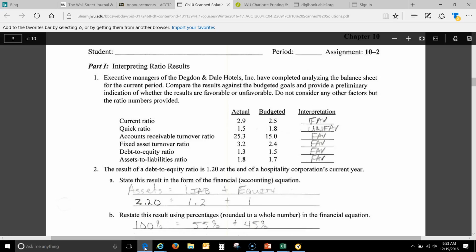Correct. And now remember, on the exam, you're going to get a set of financial statements, and you're going to have to do a full financial analysis and tell me whether it's good or bad, favorable or unfavorable. So again, if all of our competitors are reporting that their current ratio is a 3.1, and we've got a 2.9, favorable or unfavorable?